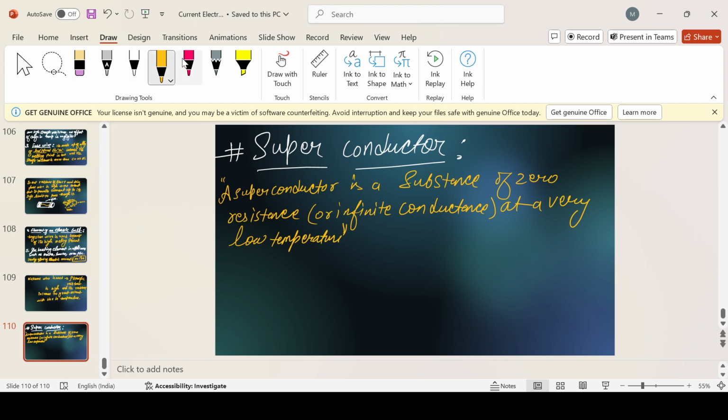Now see this relation. It's saying zero resistance, so R is 0. We are asking for the conductance. We know G equals 1 upon R. So it becomes 1 upon 0, and 1 upon 0 is infinite. Okay, so G is infinite. Got it?